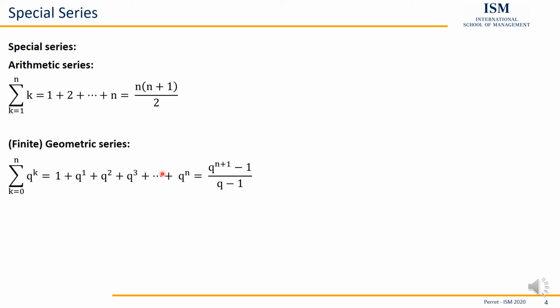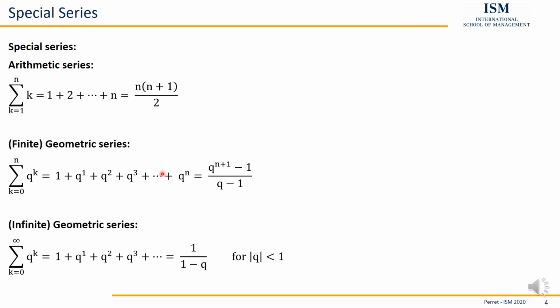If it does not stop, so if we have the infinite geometric series, we basically, as the only difference, have an infinity sign up here. So it continues indefinitely. In this regard, we have one requirement. This q, or rather the absolute of this q, needs to be smaller than 1.